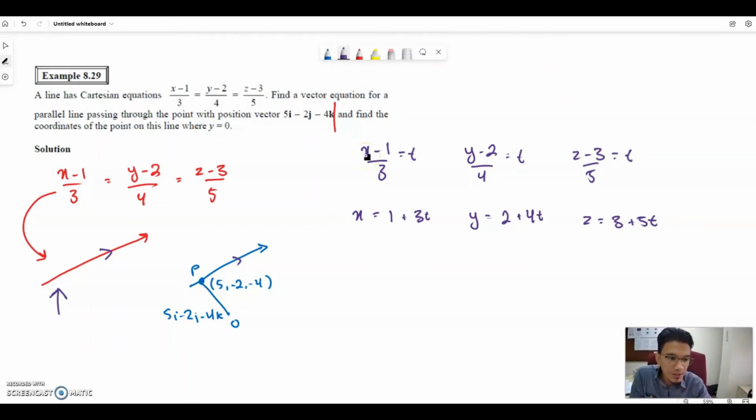So now we have changed the Cartesian equation into parametrics, and then the parametrics we can change back into vector equation.